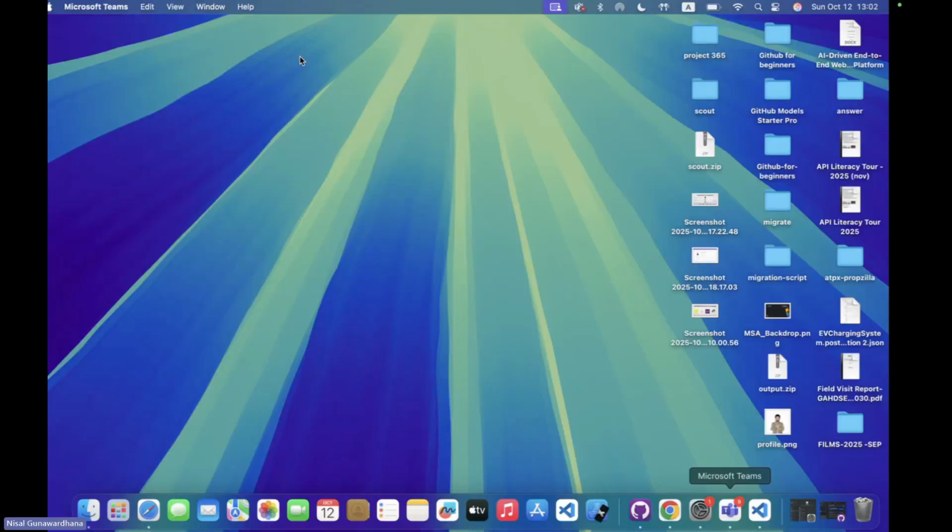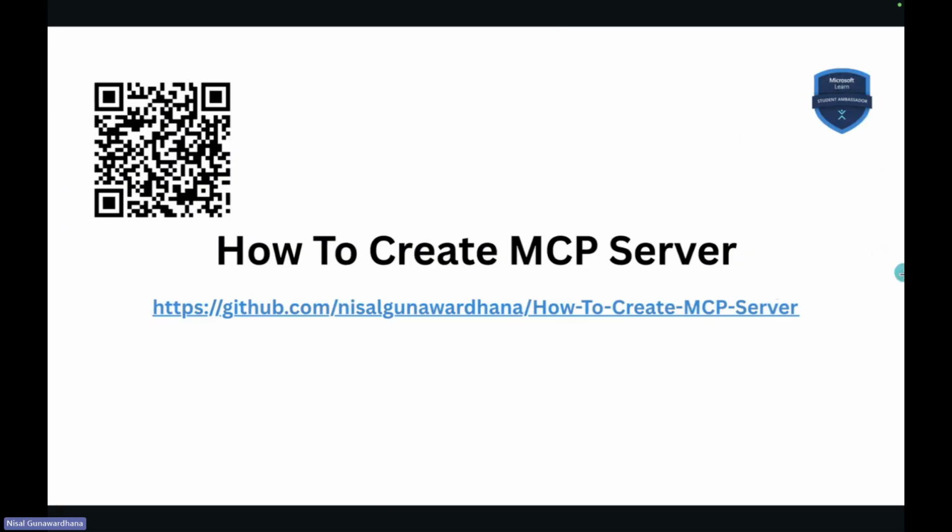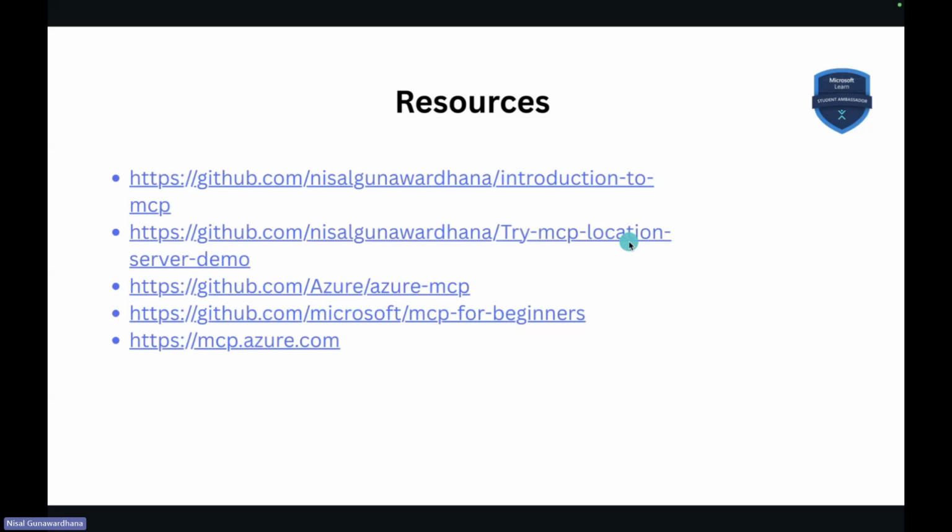Again, I move to my presentation, so you have an idea of how to create an MCP server. These are some resources, right? Give me a few minutes to share them.